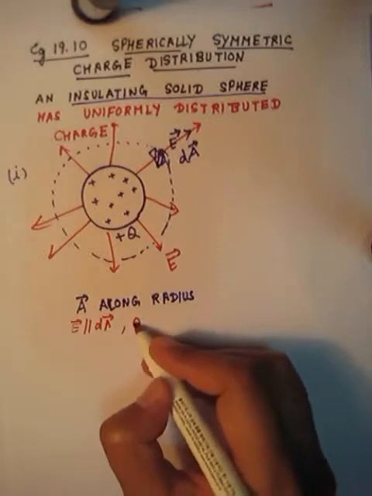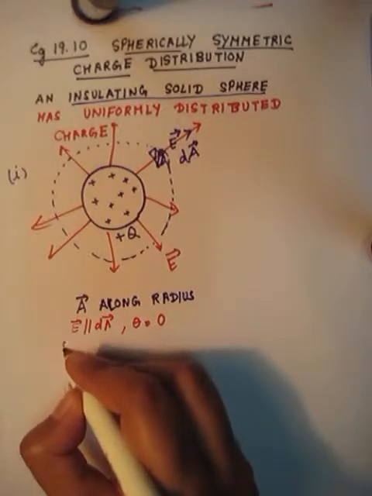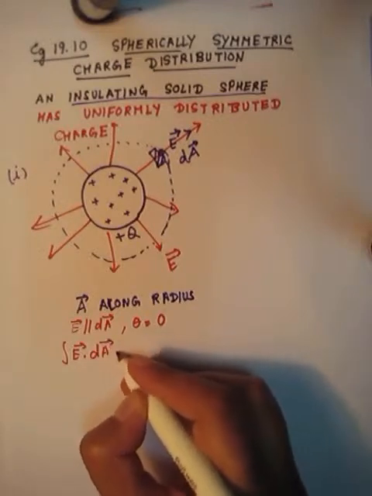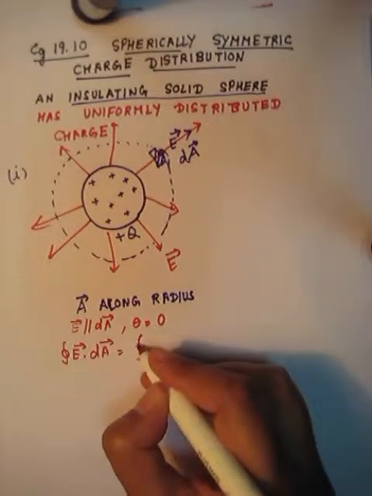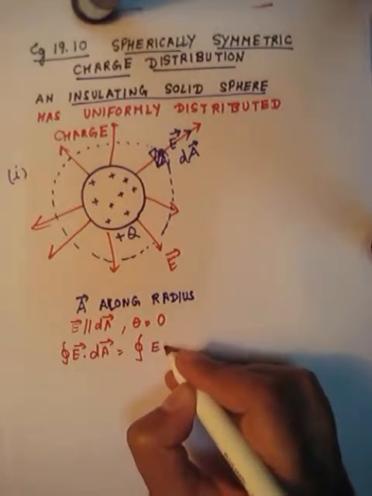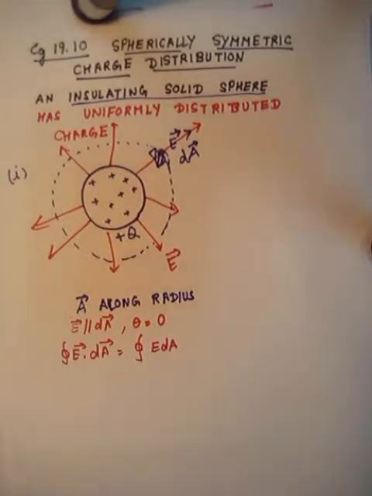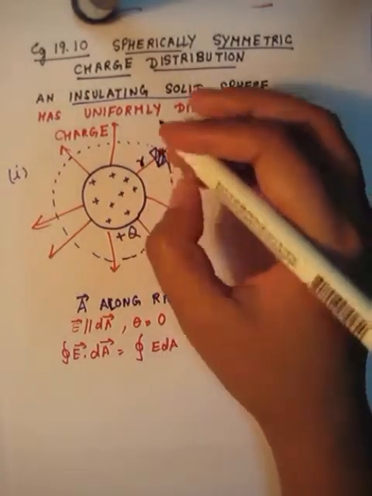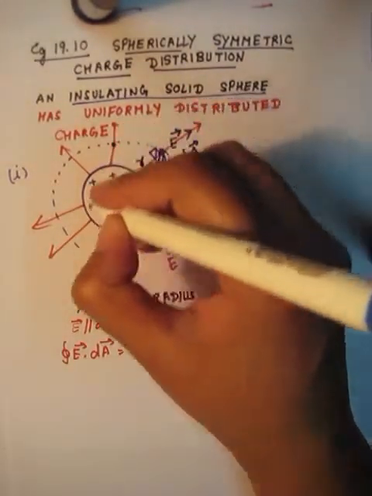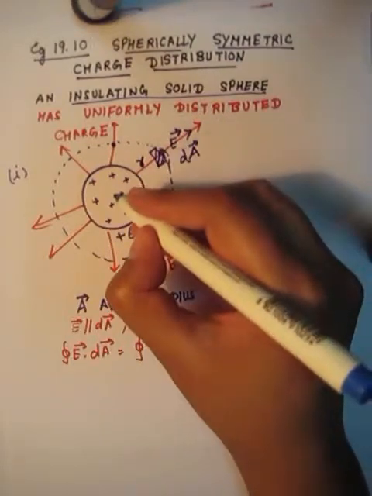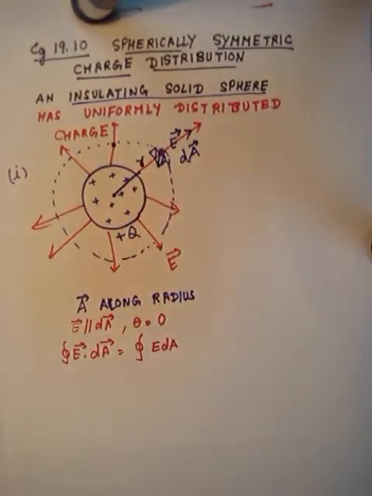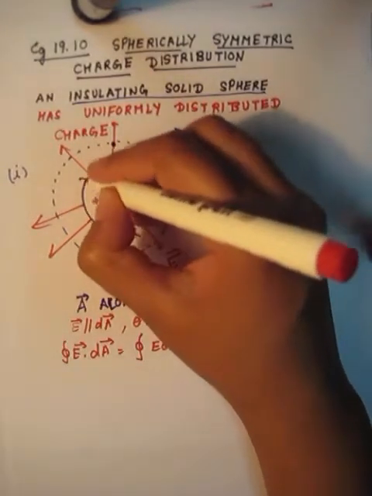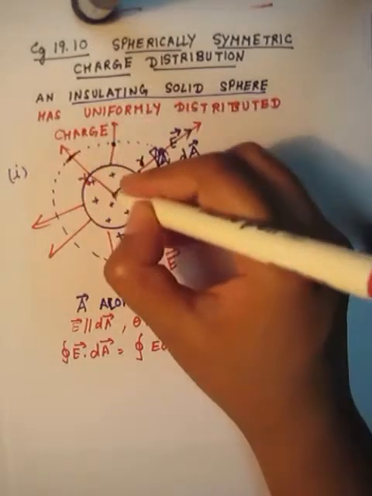If they are parallel, it means that theta is 0, and the integral of E vector dot dA vector will be, because we are talking about a closed surface, E dA. Another point to understand here is that if this distance from here to the center of the sphere is r, even this will be r.